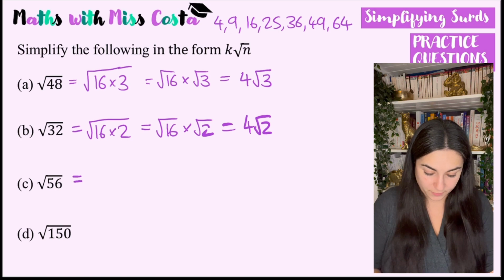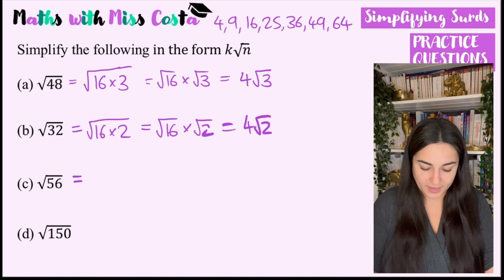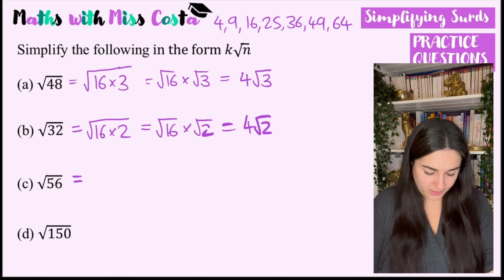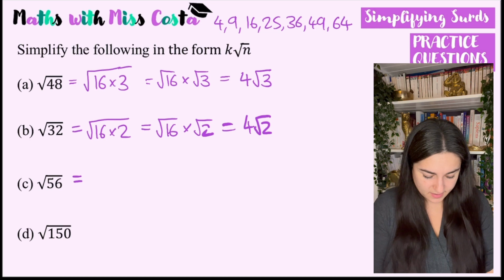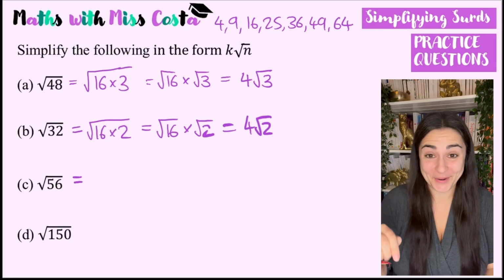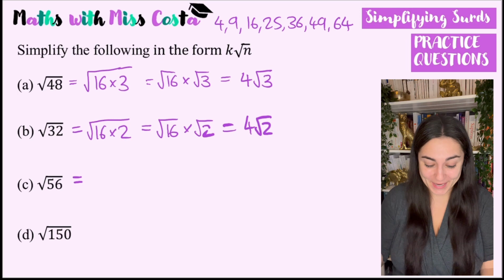Let's try again with root 56. So what is the largest square number that fits into this? Well, we've got 9. My brain has frozen. So if you have a brain freeze, then what you need to do is break it down.